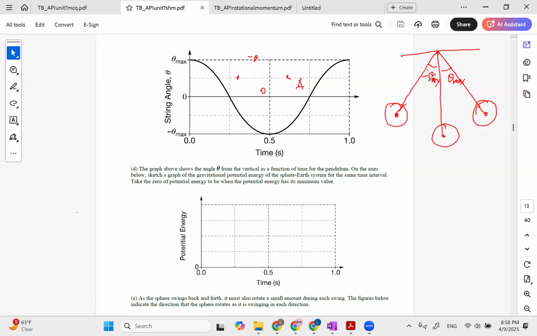Once you get ready, let me know. Okay, so this is the maximum, 0.5 times minimum, and then 1 maximum. That's good. Any other answer? Wait, no, it's wrong. Sorry. I'm gonna change it.